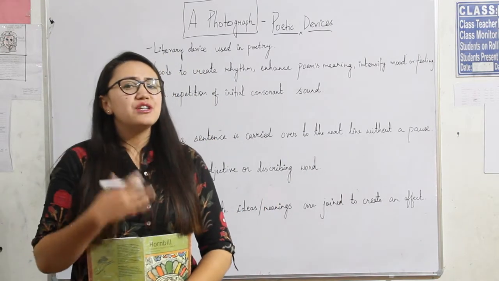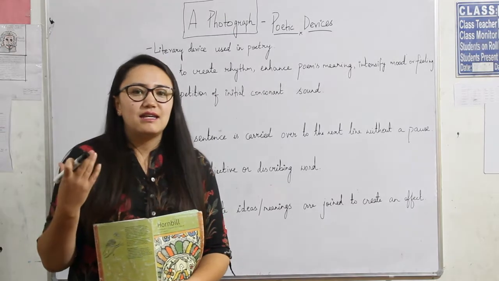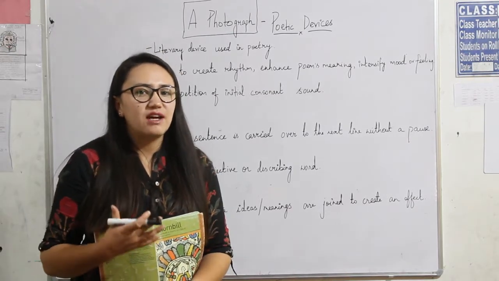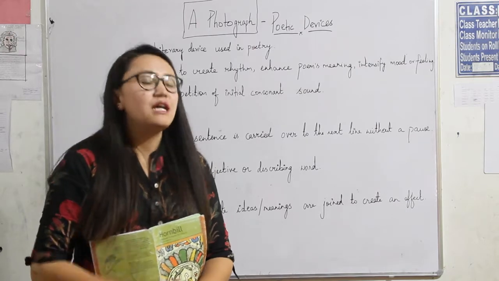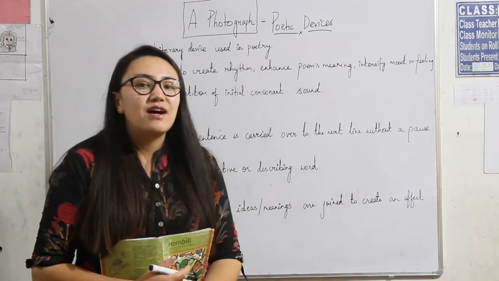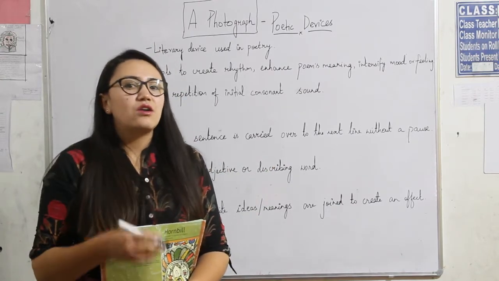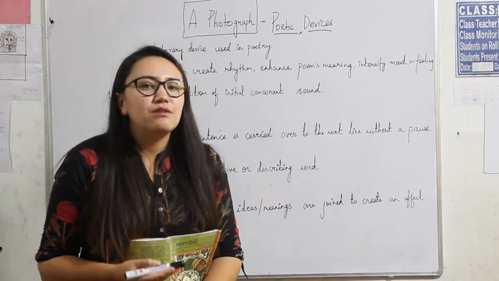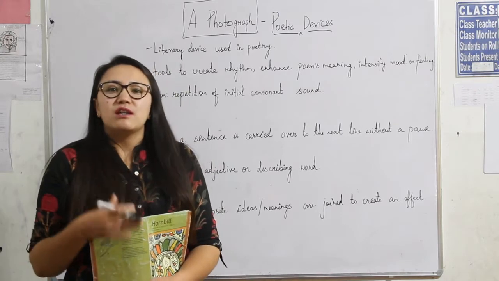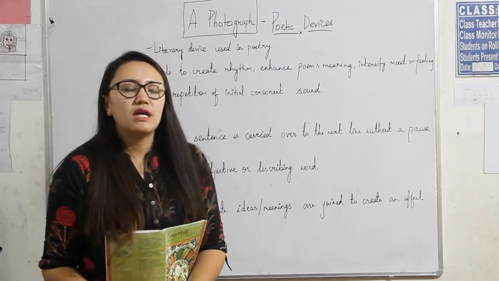So just like you use accessories like a necklace to magnify your beauty, to magnify your personality, just like that these poetic devices intensify the beauty of the poem. These are tools which can magnify the meaning of the poem, give rhythm to the poem, and intensify its meaning.